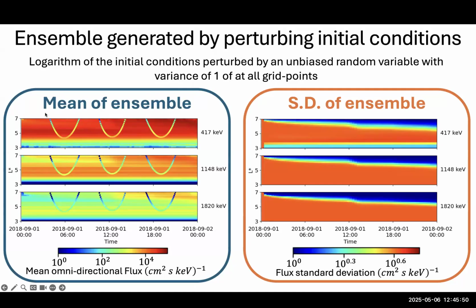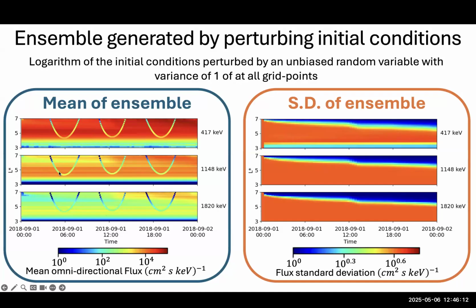Each of these is the mean omnidirectional flux at half an MeV, an MeV, and about 2 MeV, over L stars from 3 to 7.